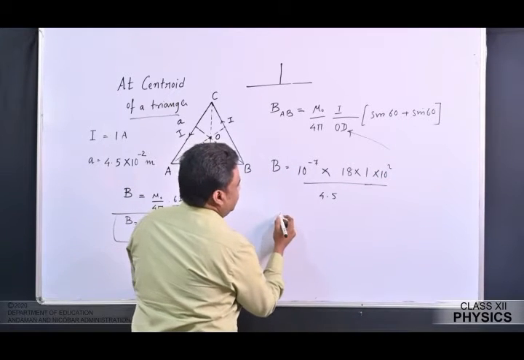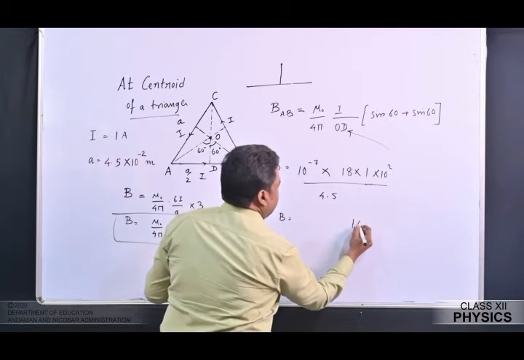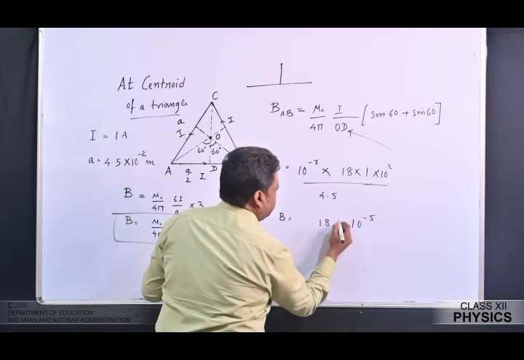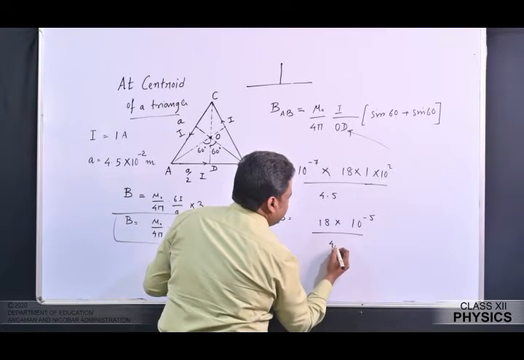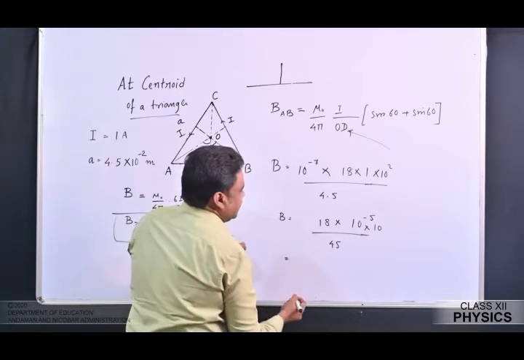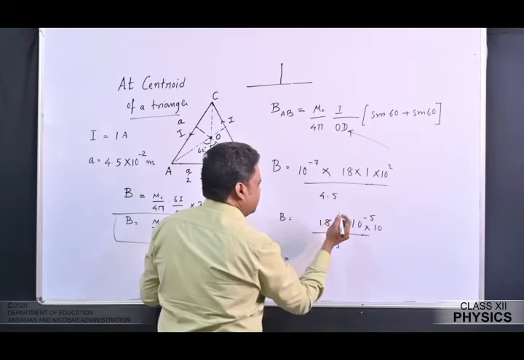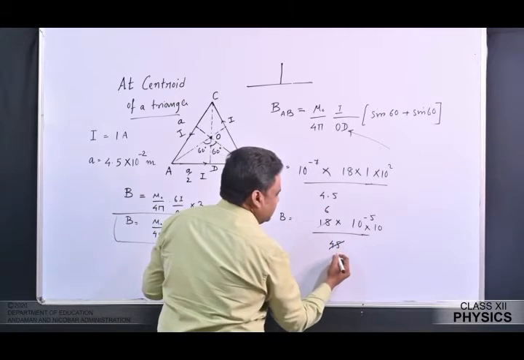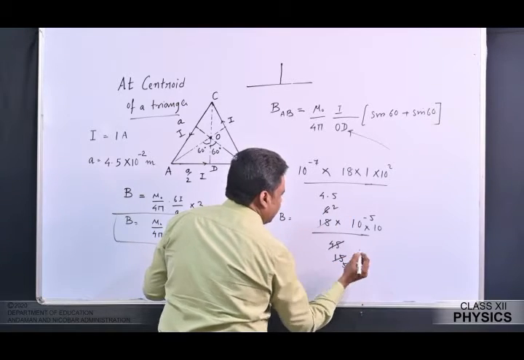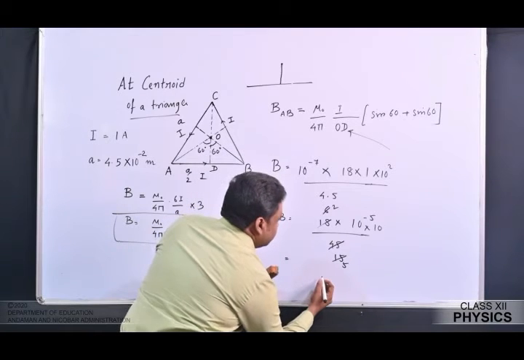Now do the simplification. B is equal to 10 power minus 7 times 10 power 2, which will be 10 power minus 5. Once again, 18 by 4.5 can be written as 180 by 45, the 10 moves up. So 18 by 45: 2 6s are 18, 3 6s are 18, 2 by 5, it is 0.4.